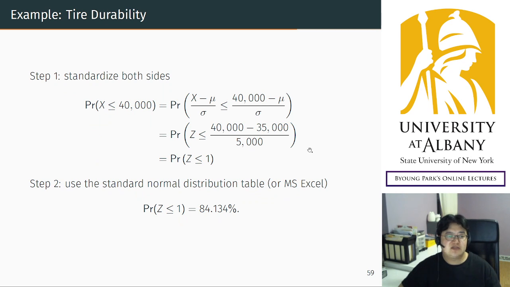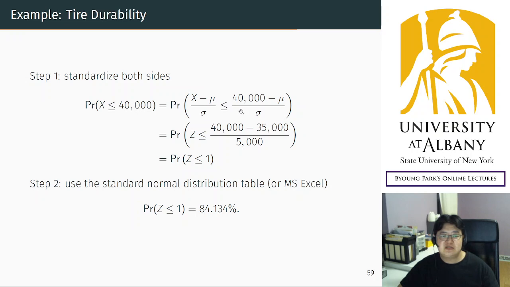Let's do that. The first step is standardization, which implies X will be transformed into this form. This is the standardization, subtracting the mean and dividing by the standard deviation. But what you have to remember here is you need to do the same thing on the other side.